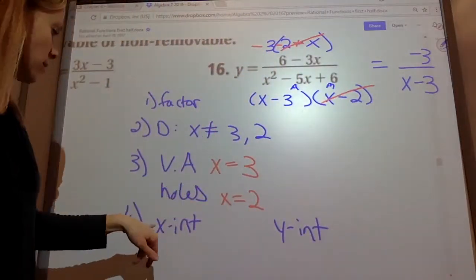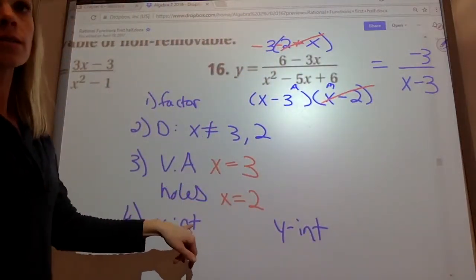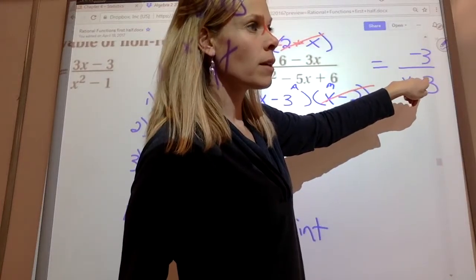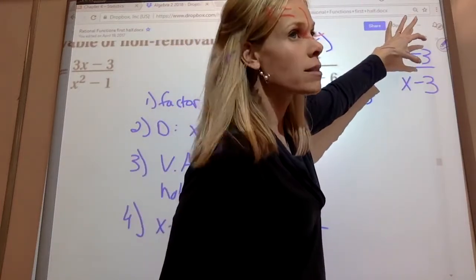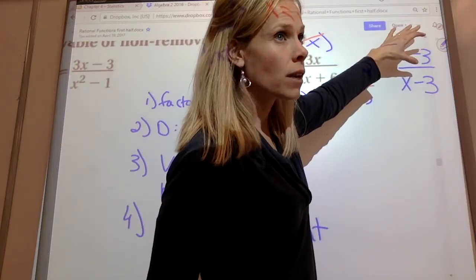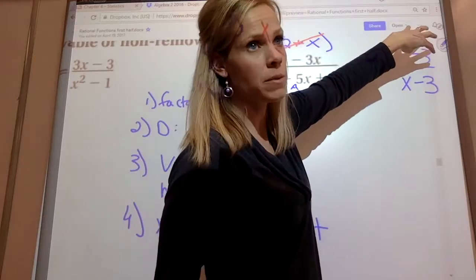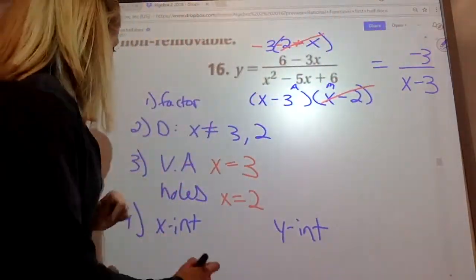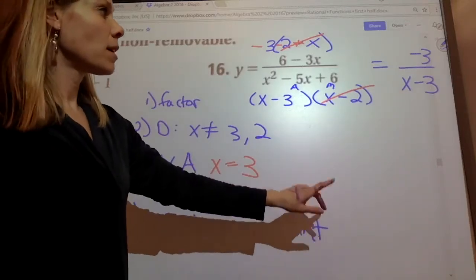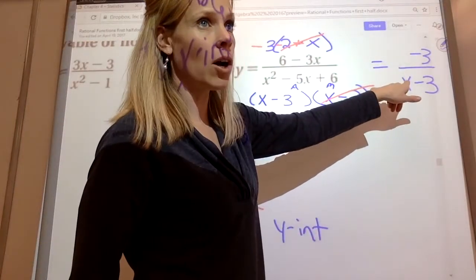Okay, so x-intercept is when y is 0. Can I make this fraction equal 0? No, there is no way I can make the top equal to 0, so there is no x-intercept. For a fraction to equal 0, the top has to be 0, and that's impossible. So none. What about y-intercept? Can I put 0 in for x and solve?